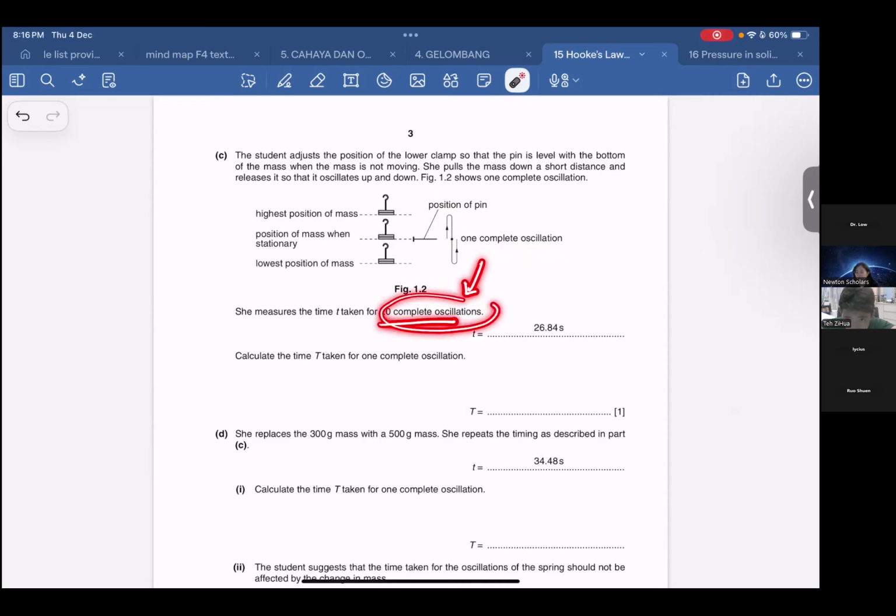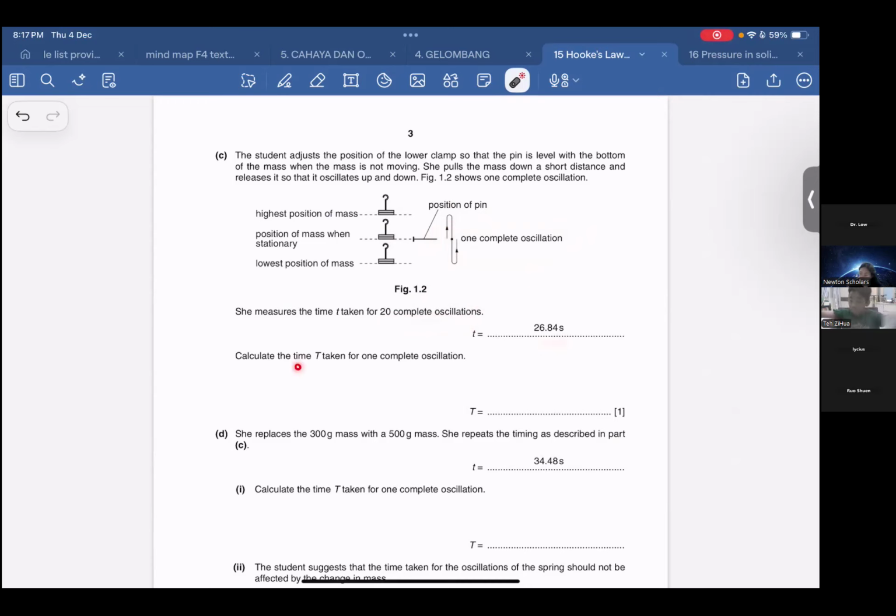By using a larger number of oscillations, we can reduce the error due to human reaction, because the error is spread out. Although I want to know the time for one complete oscillation, I cannot just count one. I need to count 20 or 10 complete oscillations. So this is the time they get.